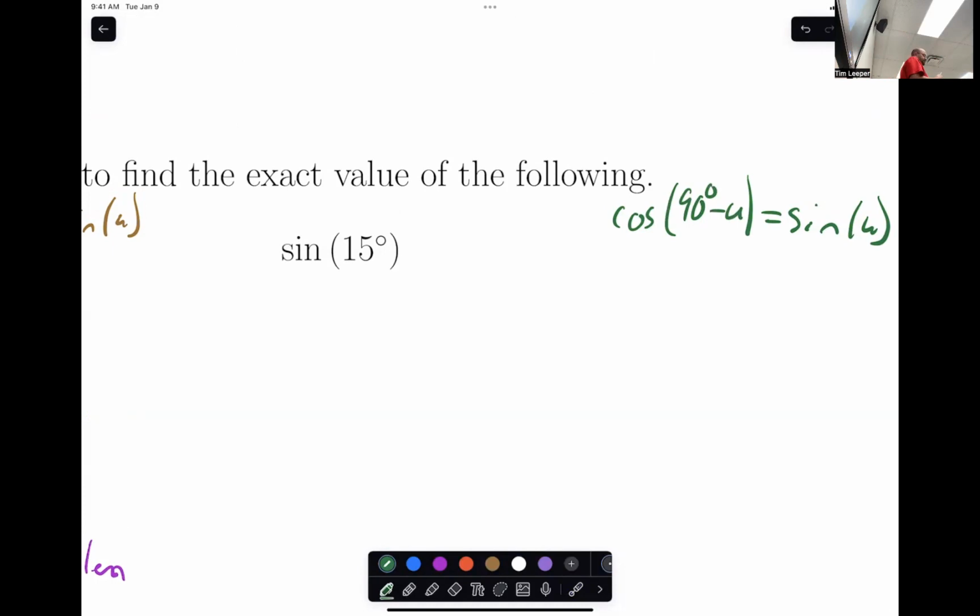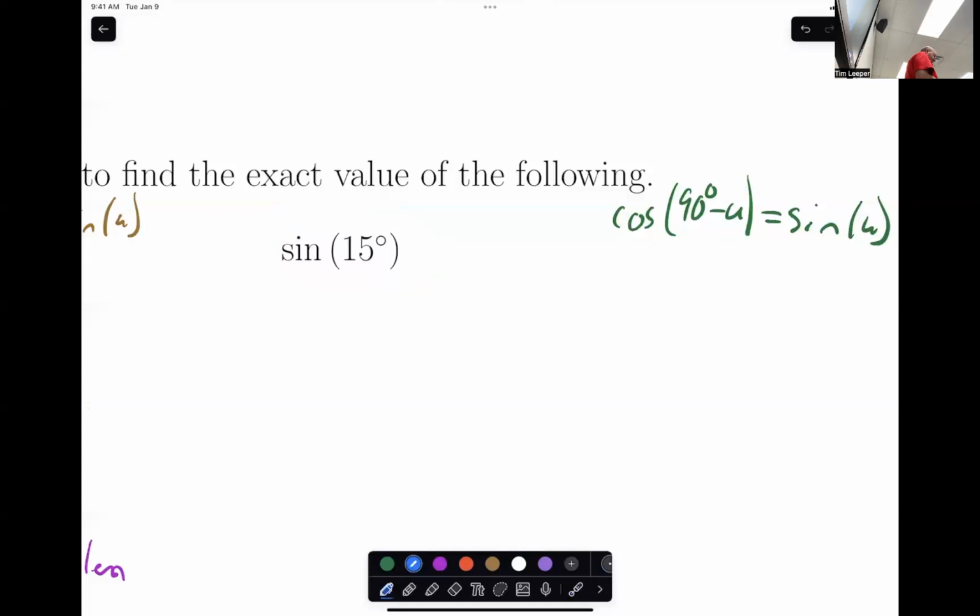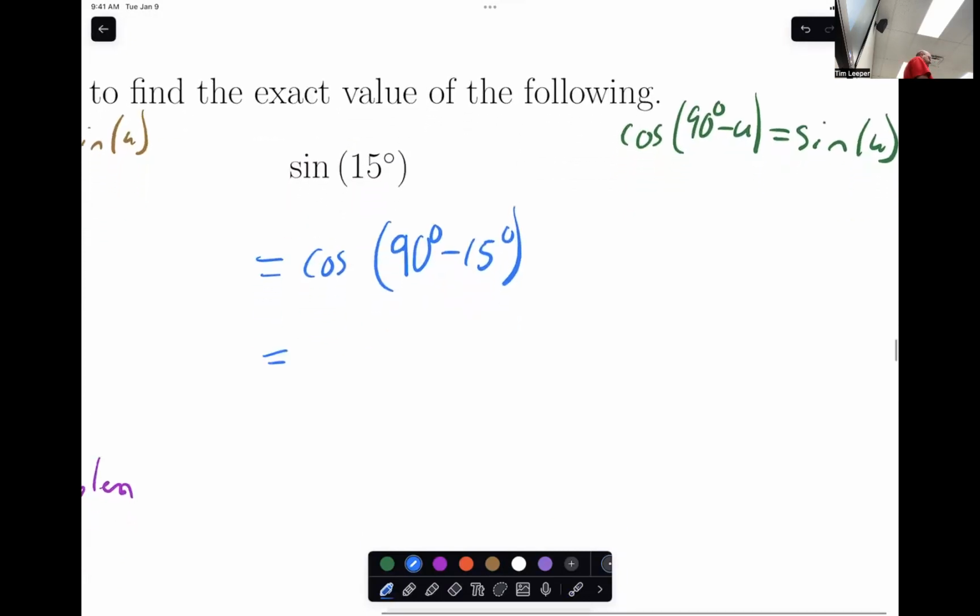That's all. Now here, I'm given sine of 15 degrees, meaning I know u. Plug u in here to be 15. That means that this is the cosine of 90 degrees minus 15 degrees. And so, of course, this would give us the cosine of 75 degrees.